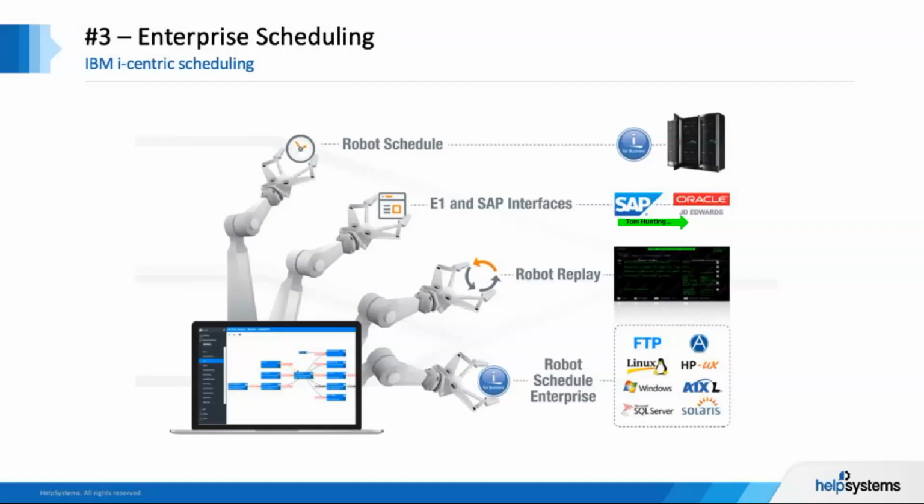And for those difficult to automate manual tasks, we recommend Robot Replay. Robot Replay works in harmony with Schedule. It lets you automate interactive processes. So this would be somebody sitting in front of a keyboard, in effect, with speed and with ease. What used to take maybe one of your staff members hours to reprogram can be captured once with Robot Replay and then implemented and adjusted for new processes.